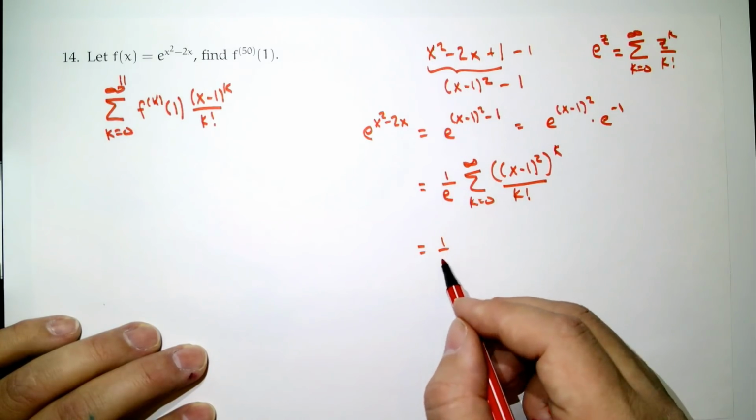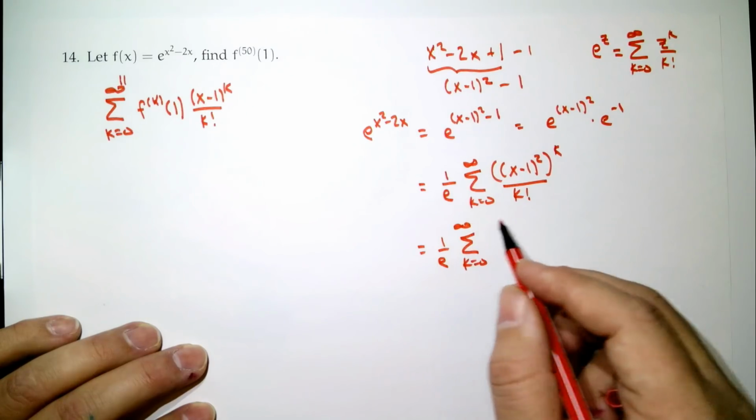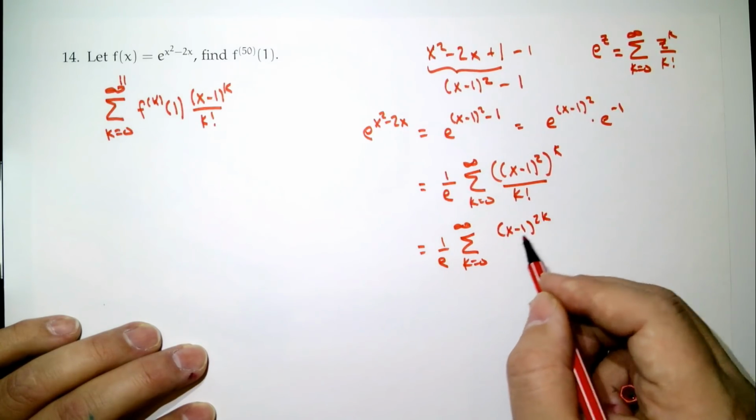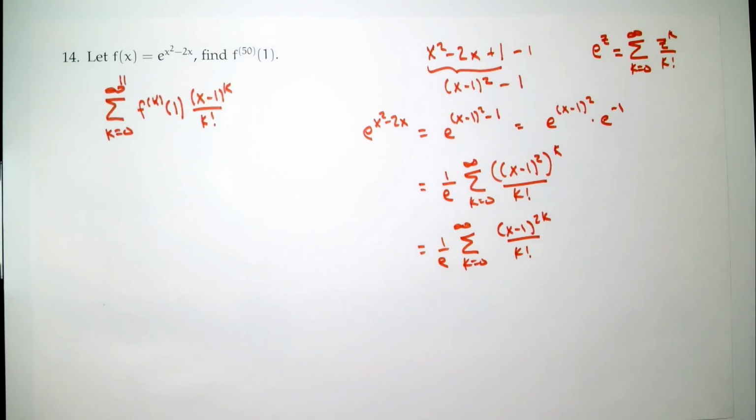So it's 1 over e, summation, k equals 0 to infinity, of x minus 1 to the 2k over k factorial. So now I've found a way to rewrite my function in terms of x minus 1 to some powers. How do I finish?